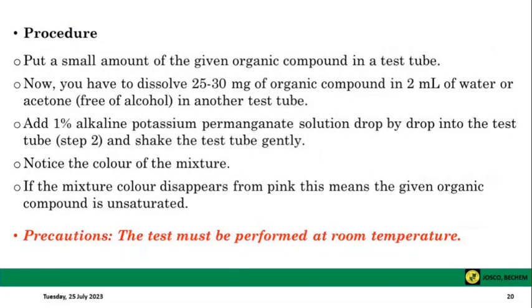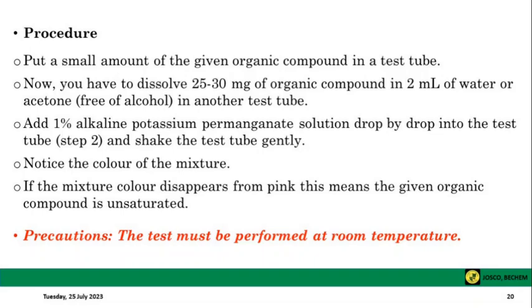Once you've been able to prepare your reagent, the next thing to do is to put a small amount of the sample that you are going to test for the organic compound in a test tube. After you have done that, you would want to dissolve this small amount in a very small amount of water, let's say 2 milliliters of water.